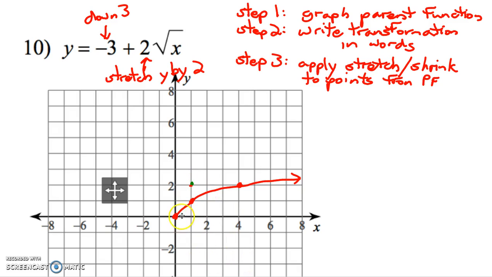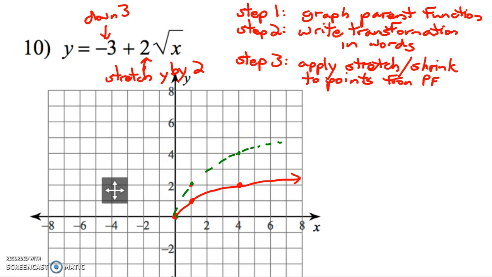Let's use a different color. All right, and this point, the y coordinate is 2. And if I multiply that by my stretch of 2, I get 4. And so now, in line with this, I'm going up here to 4. So if I make a dashed curve here, just so you can see where this is, you can see that I have a stretch. This is sort of taller.